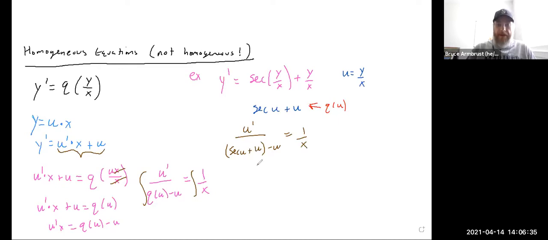So let's simplify this a little bit. So we get u prime over secant of u. And 1 over secant, of course, is cosine. And now let's integrate.